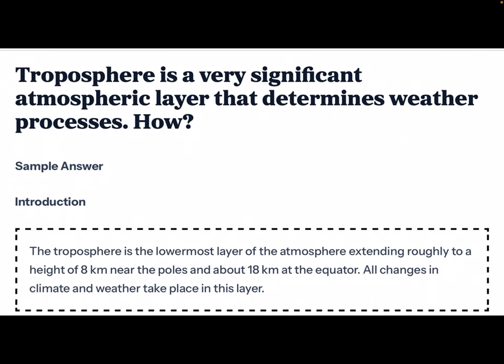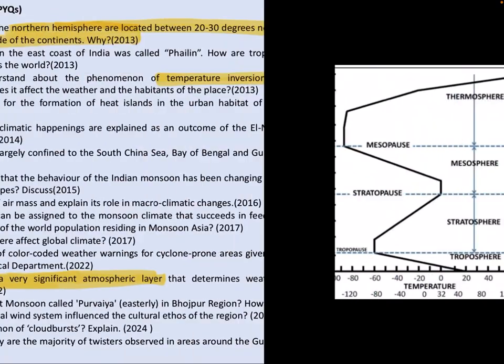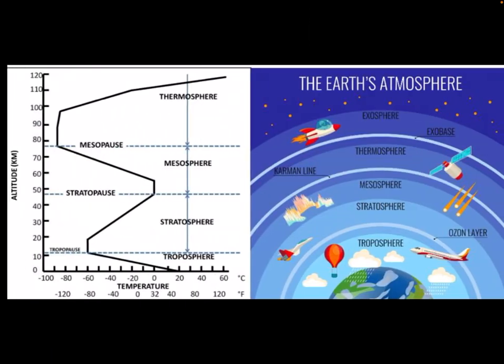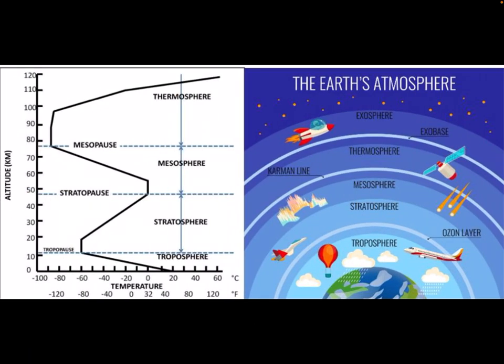So we have covered this PYQ, which was asked in 2022. Now let's move to the next layer of atmosphere, which is the stratosphere. We'll cover the variation of temperature अलग से हम उसको देखेंगे, but let's consider the stratosphere as the next layer.